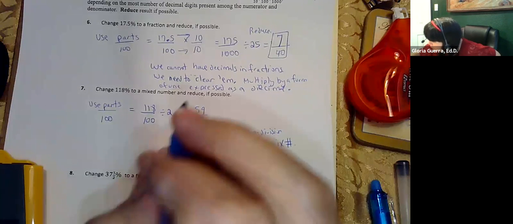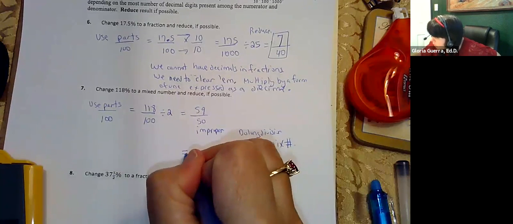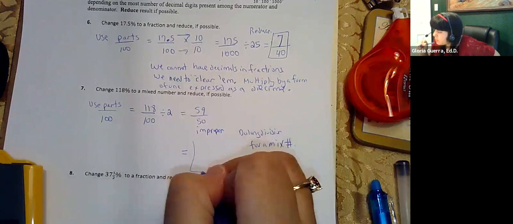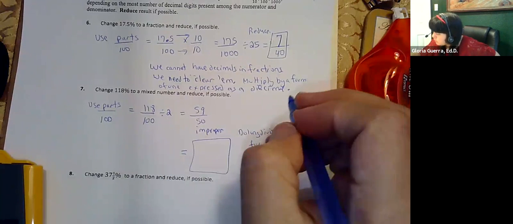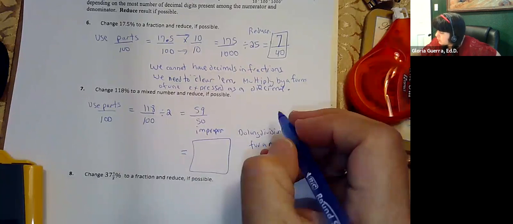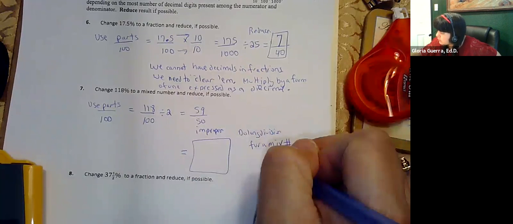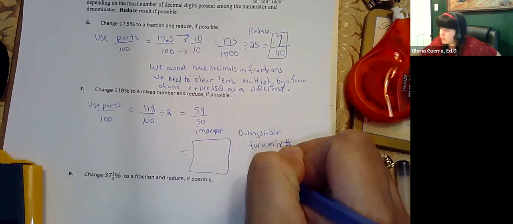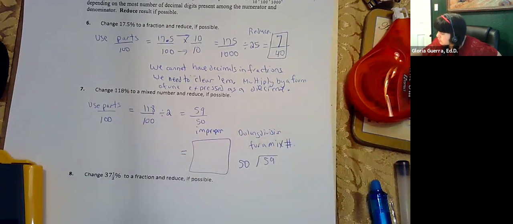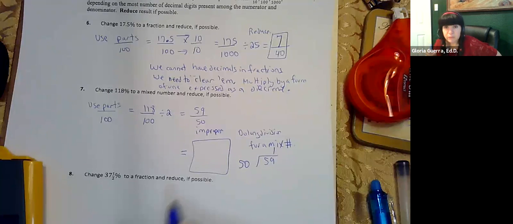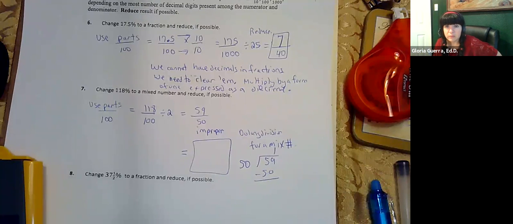So let me do the work here. I'm going to do 59 divided by 50. That goes into 1 time. 50 times 1 is 50.